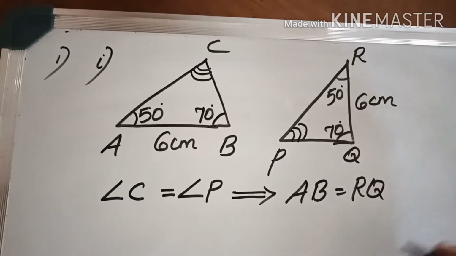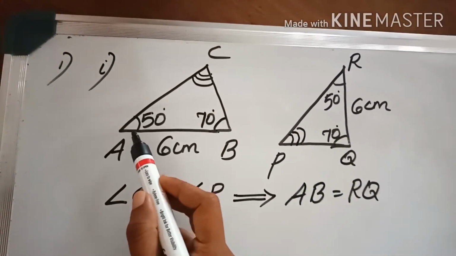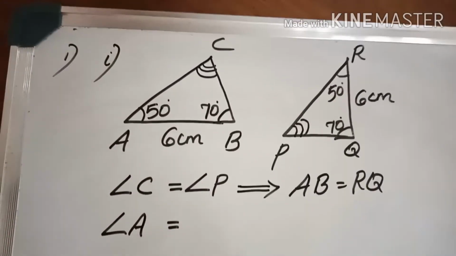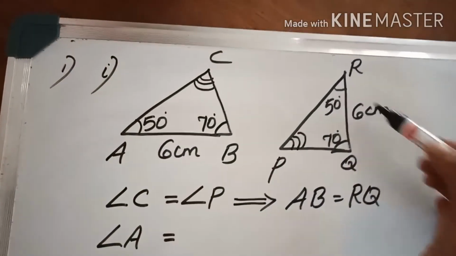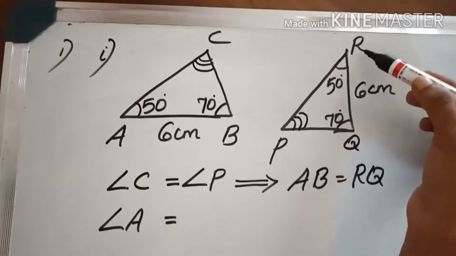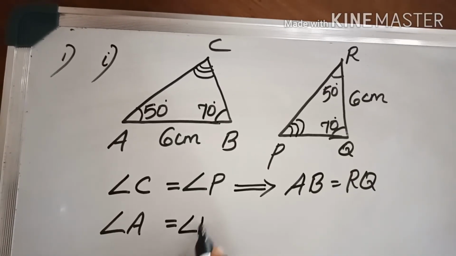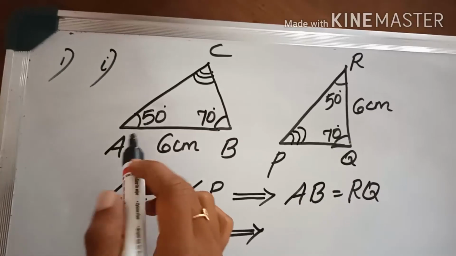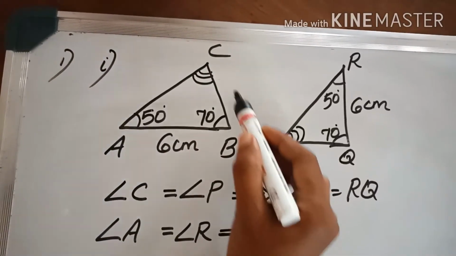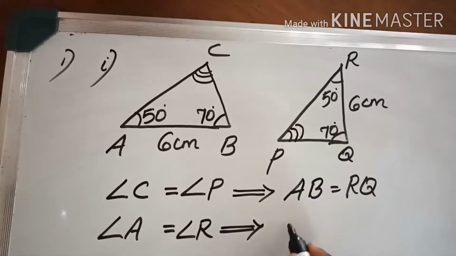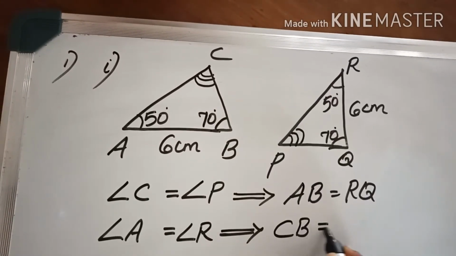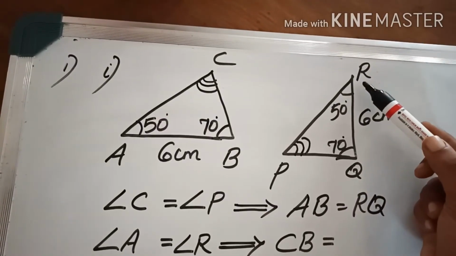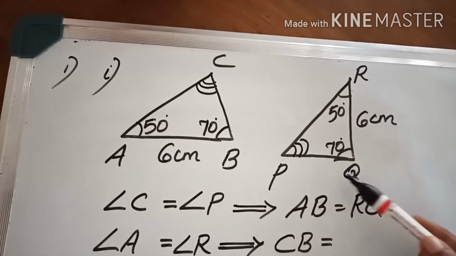Now we need to find two more sides. For that, consider the first angle, angle A. Angle A is equal to which angle? Which is the 50 degree angle here? Angle R. So angle A equals angle R. That means we find the equal sides: angle A's opposite side is CB, and angle R's opposite side is PQ.